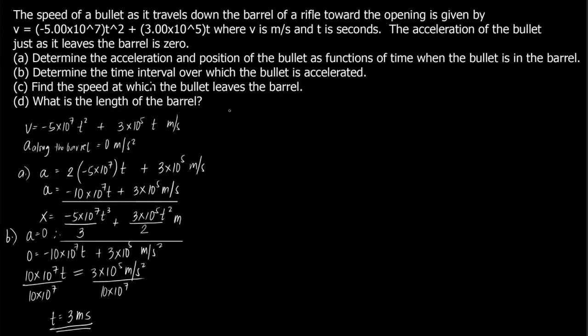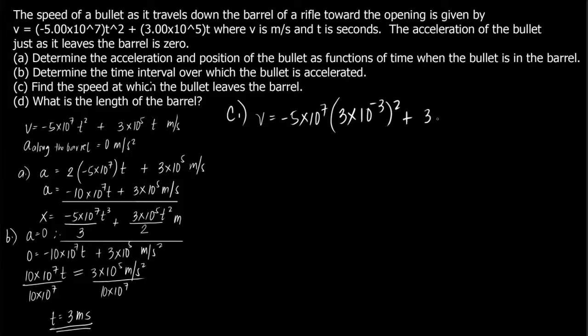Okay. Now we are solving for letter C. Find the speed at which the bullet leaves the barrel. We already have our equation for speed, v: negative 5 times 10 to the 7 times our time, which we solved earlier. The time the bullet travels inside the barrel is just 3 milliseconds, and 3 milliseconds is 3 times 10 raised to negative 3, squared.